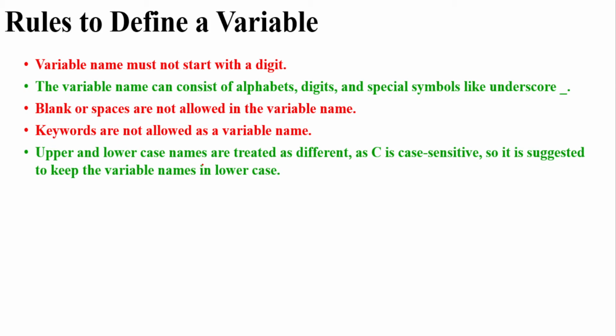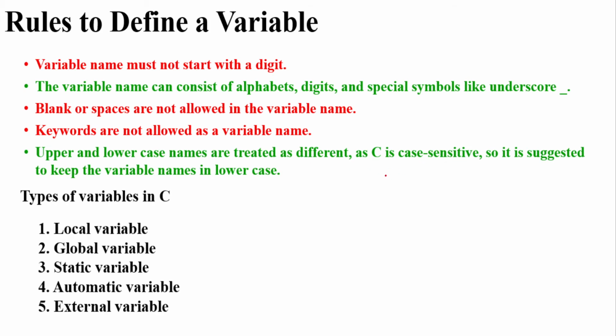Remember one more important thing: C programming is case sensitive. Declaring a variable with small case and declaring a variable with big case will be two different variables. Let me show you examples.